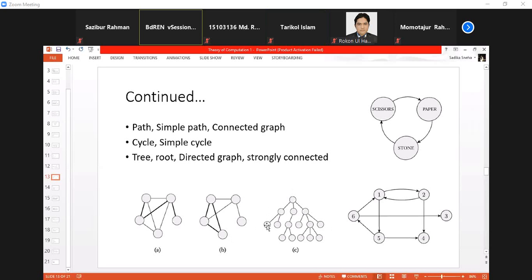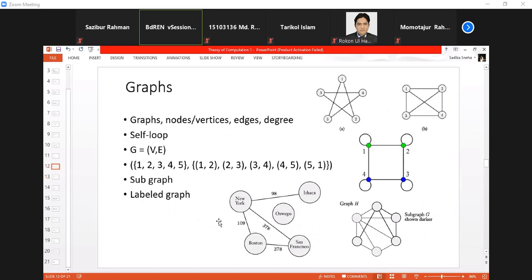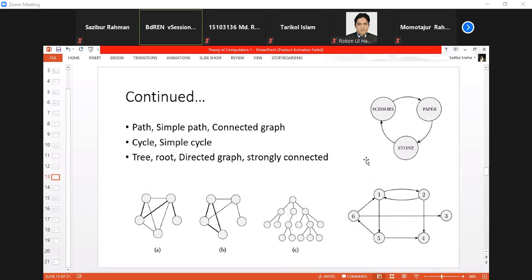So a tree is a graph that contains no cycle. All the other graphs we have seen so far contain cycles in one way or another, but a tree is separate from all of those because it does not have any cycle in it.